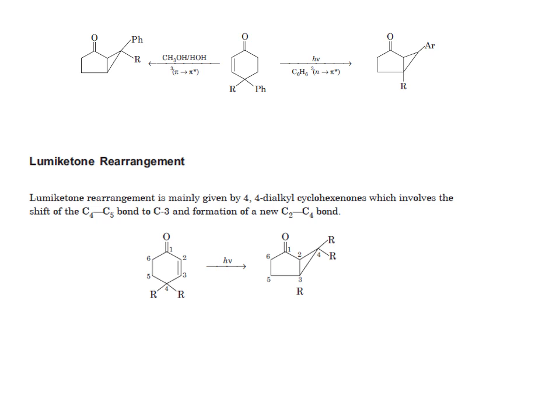So there is path A, that is the migration of an aryl group, and another one is path B, that is the migration of the carbon atom of the cyclohexene ring. Both of these things are happening. Either it follows path A, or it follows path B.